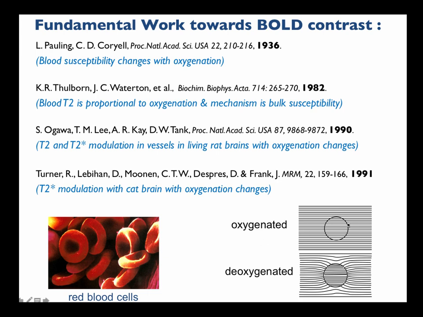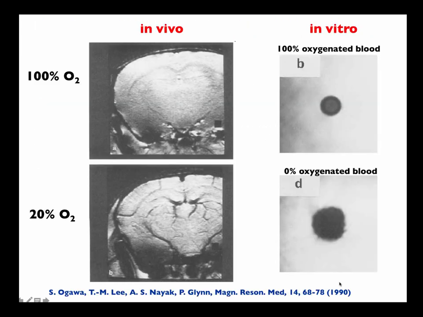So if you have that in the magnetic field, it doesn't distort anything. But if you have deoxygenated blood, it's slightly paramagnetic relative to the rest of tissue. In fact, deoxygenated blood is still diamagnetic, but it's less diamagnetic than the rest of tissue. That distorts the fields, that causes the spin dephasing, causing everything to get dark. And this is kind of what it looks like.